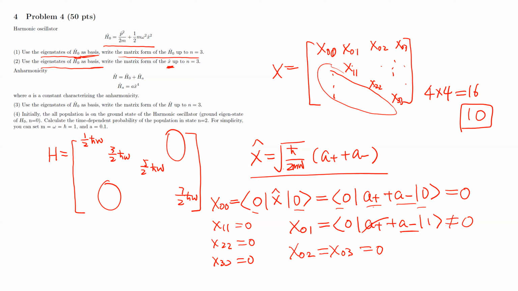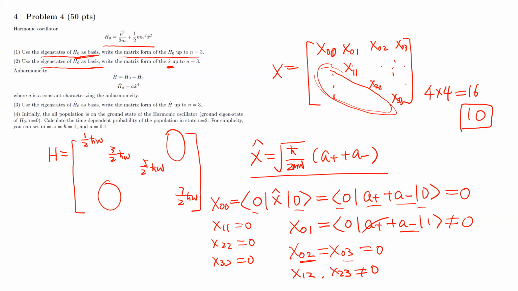Because a single raising or lowering operator cannot connect 0,2 and 0,3. So only X0,1, X1,2, and X2,3 are not equal to 0. Or, taking the complex conjugate for the lower part, there are only 3 such terms.